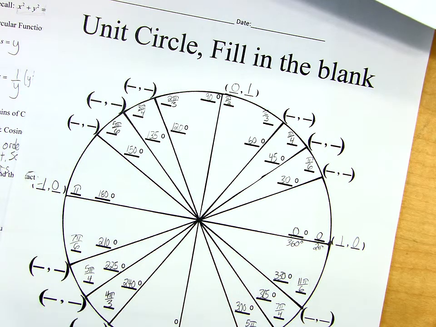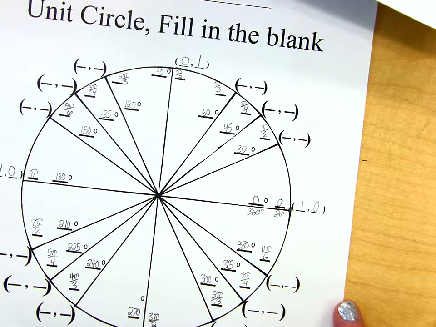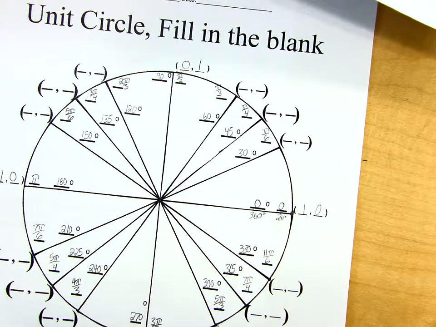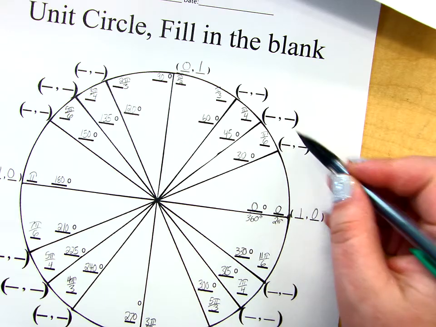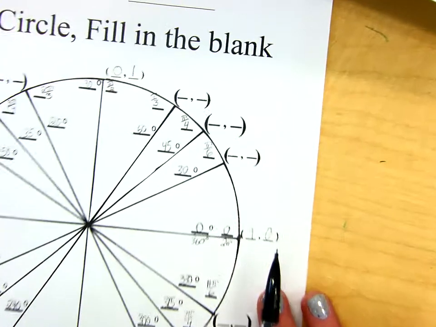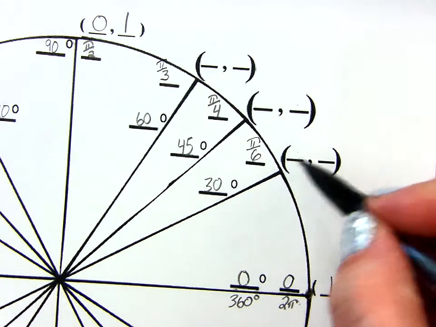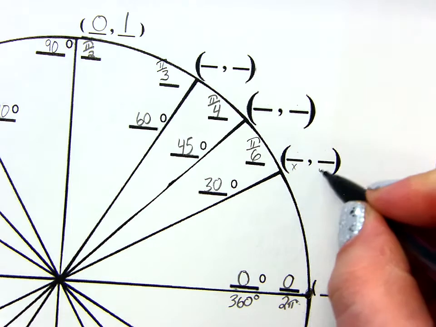Alright guys, so we have already filled in all of the degrees and all of the radians. So now we are going to spend some time and find these x and y pairs. Now, for this first one, let's just focus in on this first quadrant here. Okay? So, 30 degrees. This is x and this is y.